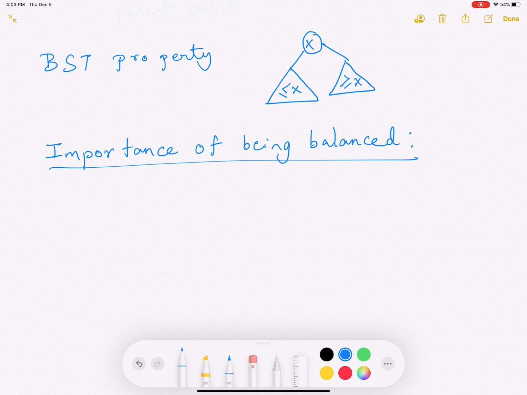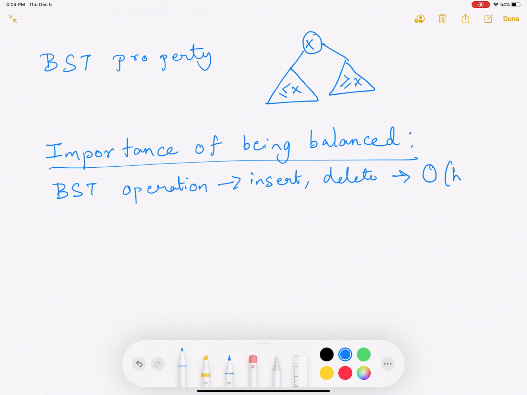If the tree is not balanced, the insert, delete, and all these operations in a BST will take more than O(log n). The way you find the runtime of BST operations, say insert and delete, which are the important ones, is that they take O(h), where h is the height of the binary search tree.